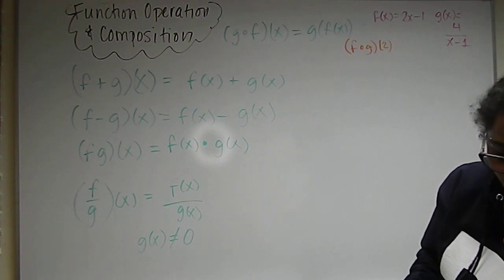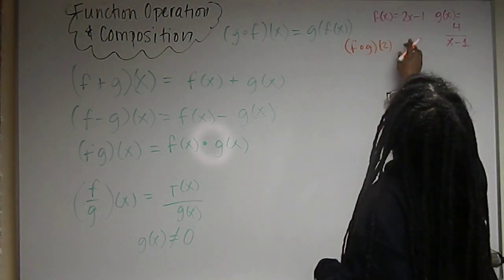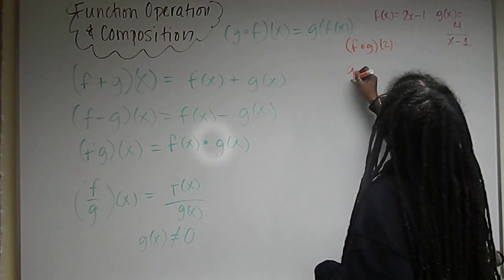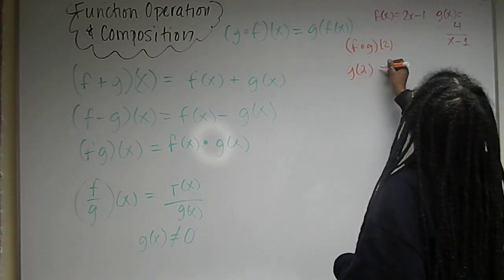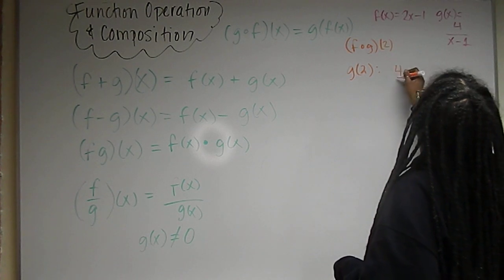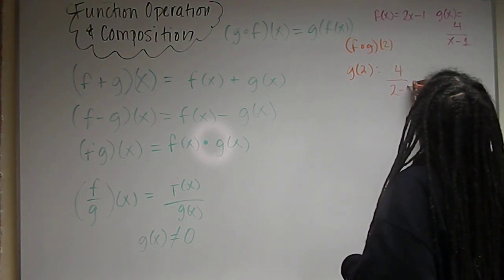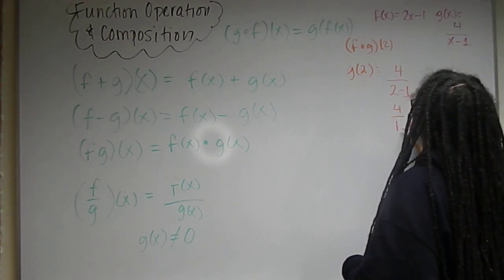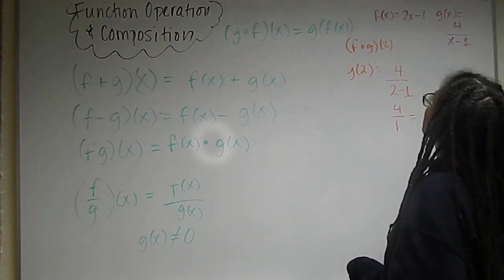Since we have to put g of x into f of x, we're going to find g of x first. And g of x is actually g of 2. So since this is g of x, we have 4 over 2 minus 1. 2 minus 1 is 1. 4 over 1, which is 4.